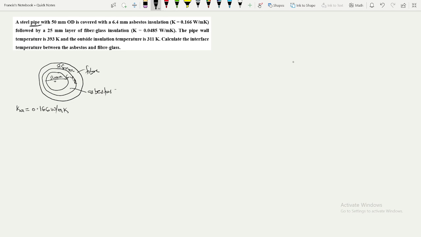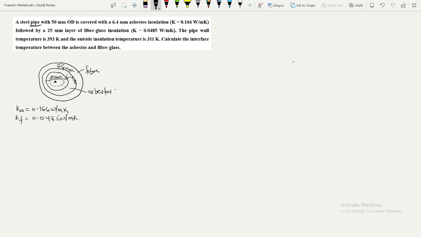Let's say if this is the center of the pipe, the pipe will also have an inside diameter, right? Because the question wasn't focused on that, I didn't even include it. The K of the fiber is 0.0485 watt per meter Kelvin.